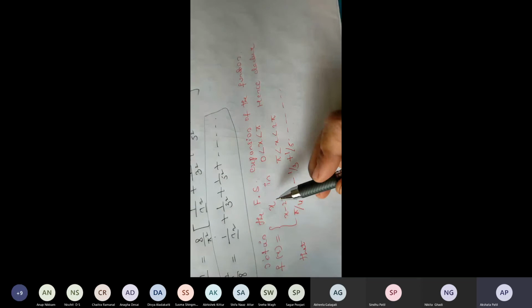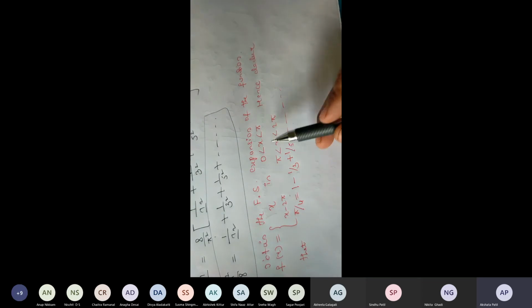Okay, so here they have given the function x and x minus 2 pi, and they have given the interval 0 to 2 pi. Just see, 0 to 2 pi they have given. So you know how to find even and odd function by using these two functions. So let's write the Fourier series first.